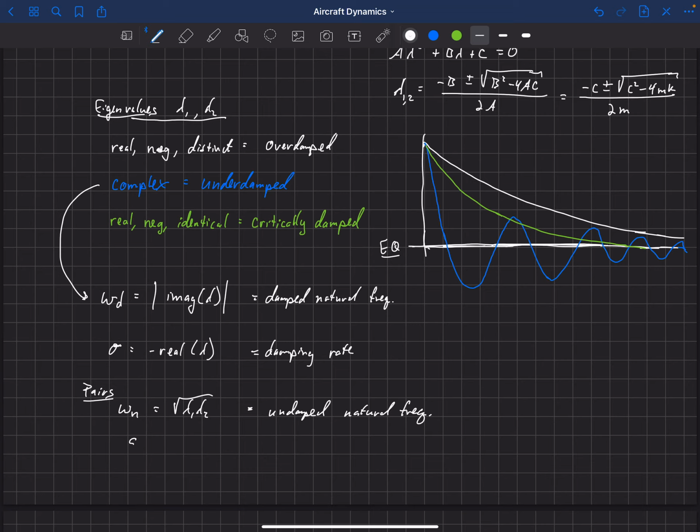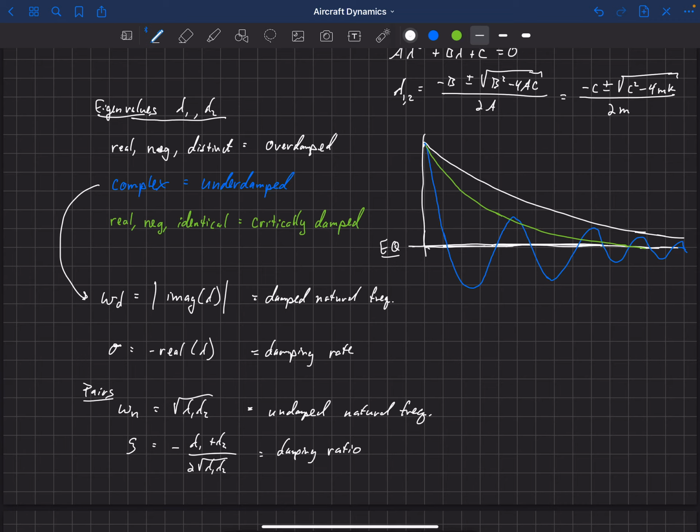And we can also compute something called a damping ratio. That's minus lambda 1 plus lambda 2 over 2 times the square root of lambda 1 lambda 2. This is called the damping ratio, and it is the ratio of the damping to what damping would be required for it to be critically damped.